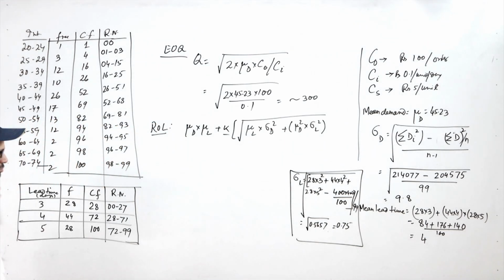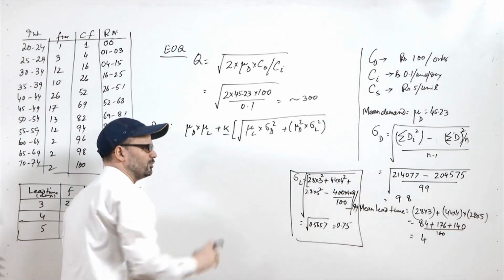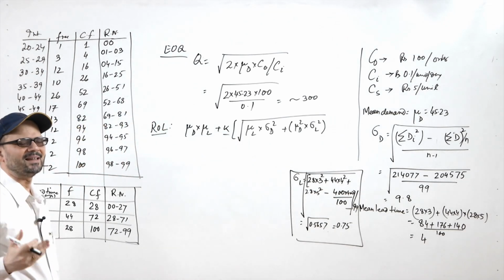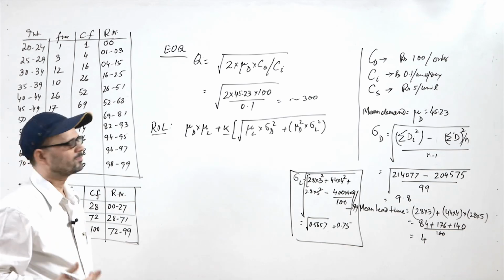If we take 1.65, it tells that there is only a 5% chance that there will be a shortage of stock.